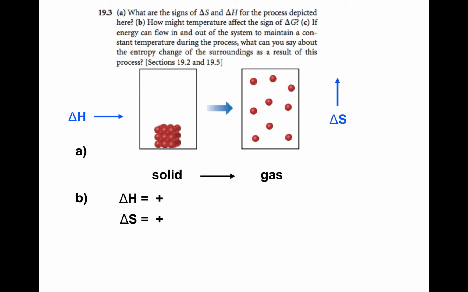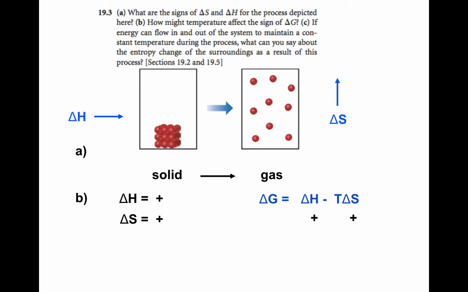So the sign on delta H is positive. I had to put heat energy in. And the sign on delta S is positive. I've become more disordered. So if I plug both of these values into this equation, delta H minus T delta S, one is working towards making delta G negative. That's the fact that we're becoming more disordered.